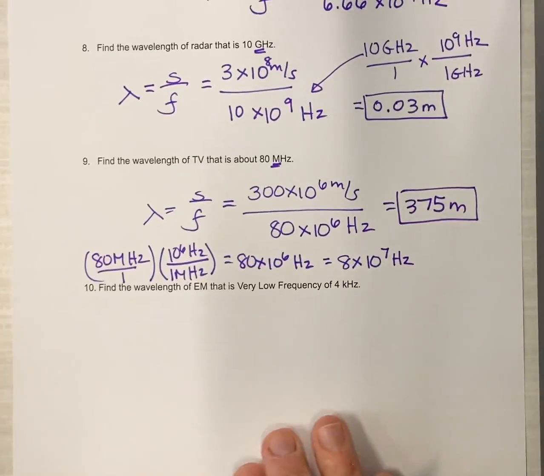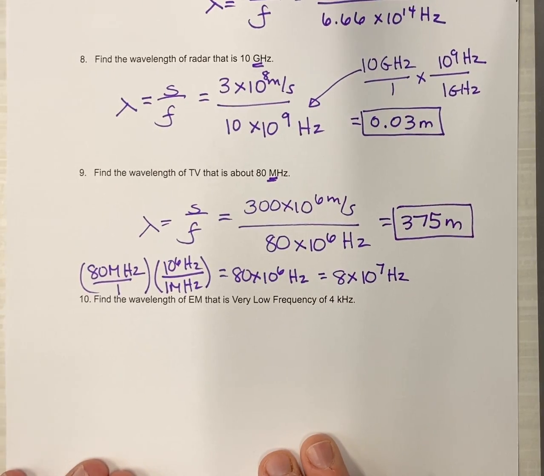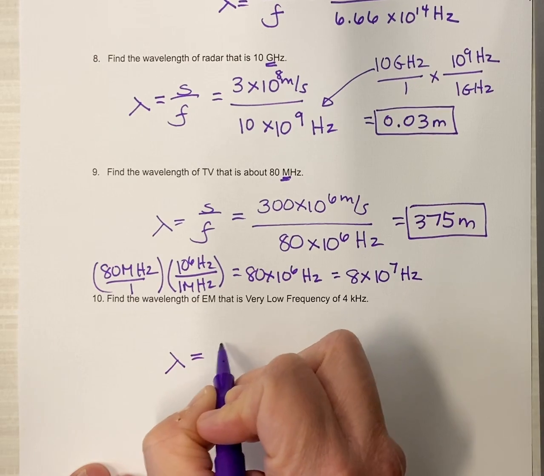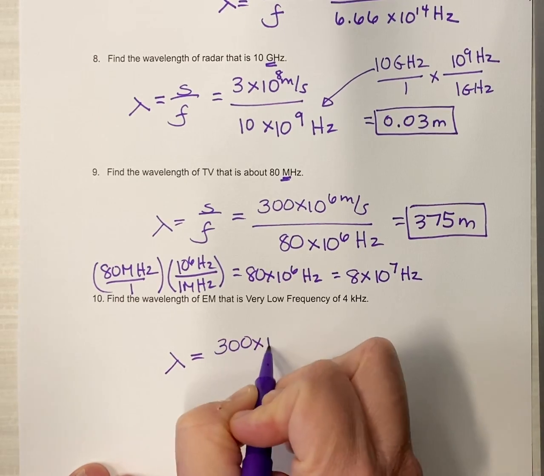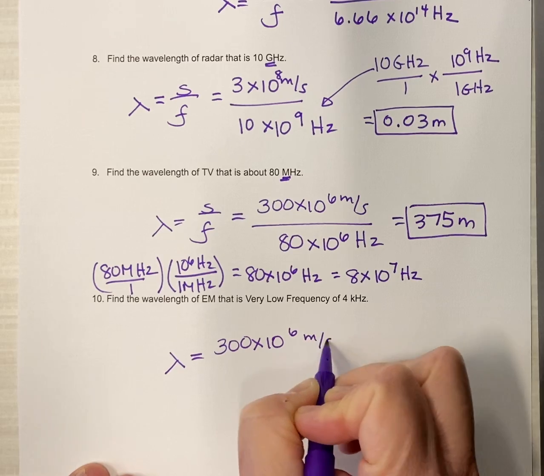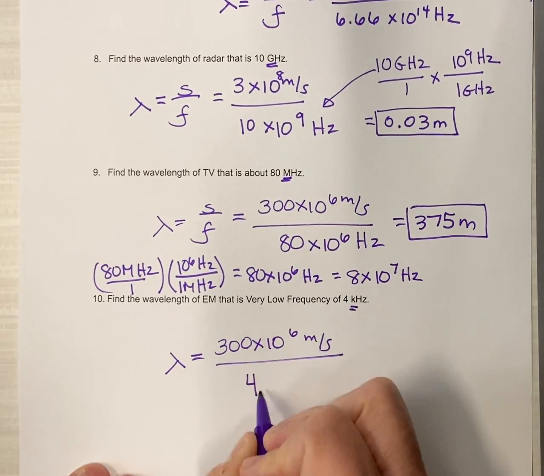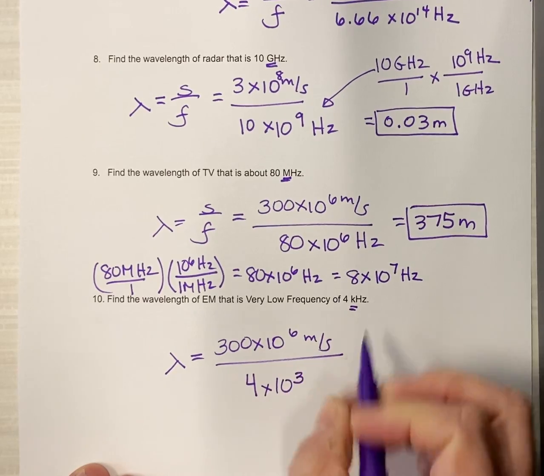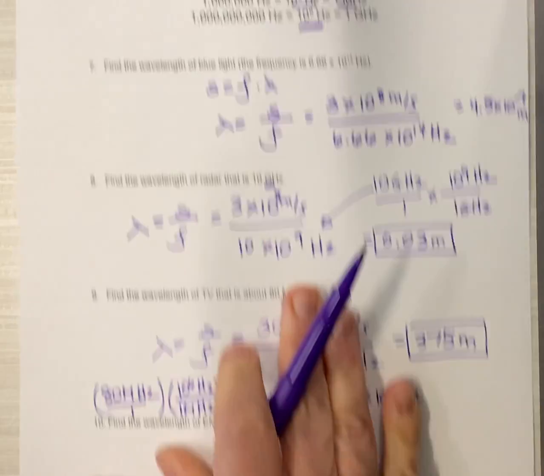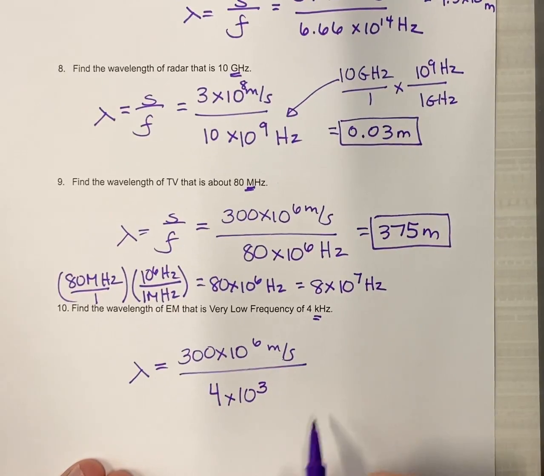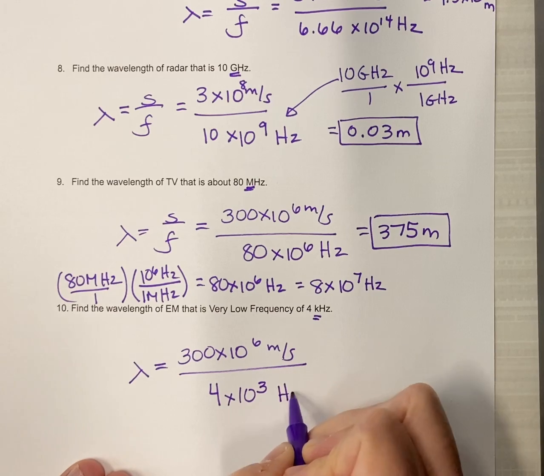Last one, the wavelength of EM that is a very low frequency, 4 kilohertz. So find the wavelength. 300 times 10 to the 6th meters per second over 4 kilohertz. It's going to be times 10 to the third. Again, we've done that one. You could do that practice on your own, or you could even write it as 4,000 hertz if you would prefer.